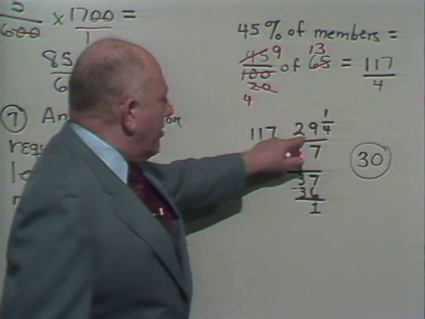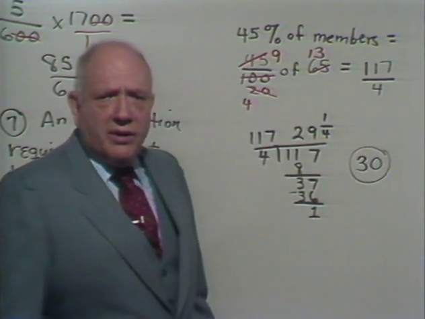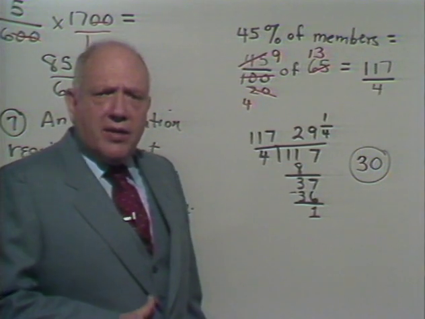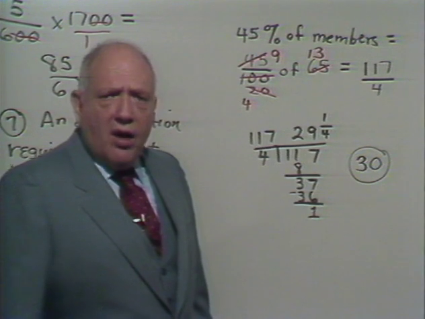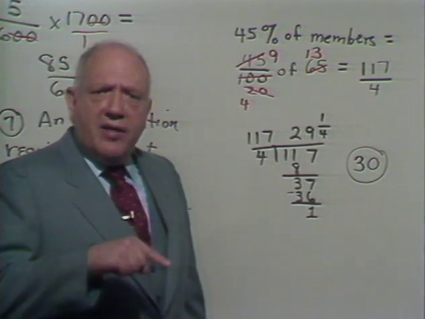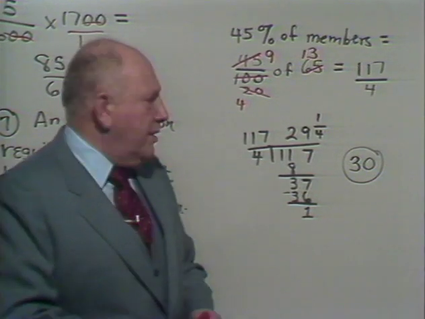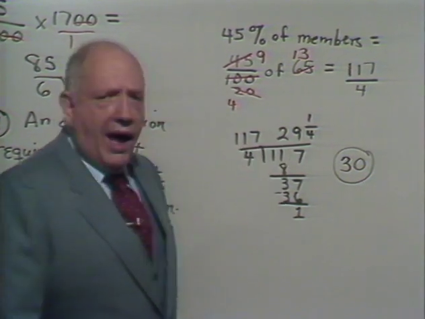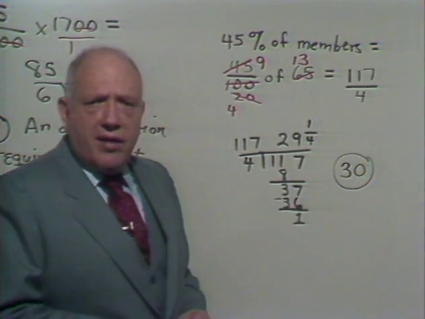If you only had 29 women in this club, isn't 29 less than 29 and 1/4? Sure. So the least number you can have, since 29 would be too few, must be what? 30 women. See, don't write down 29 and 1/4 women have to belong. 30 women is the least that can belong.